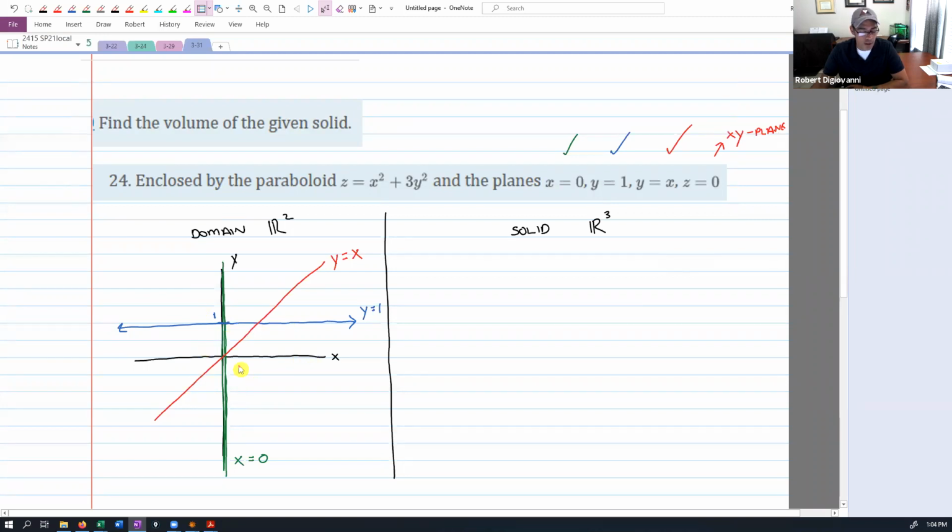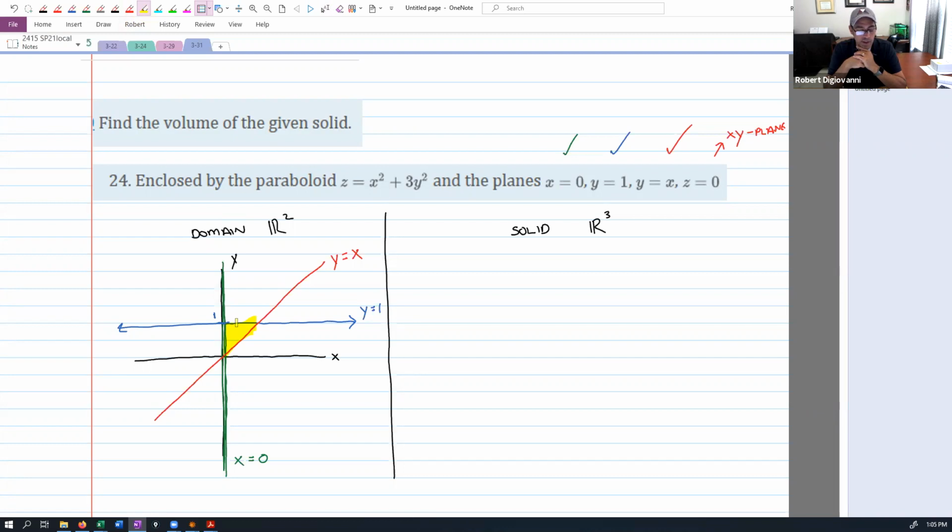So we're trying to find the solid that is enclosed by the blue plane that comes up out of the page, the red plane that comes straight up, the green one that comes straight up, and then the XY plane itself is actually one of the boundaries also. So do y'all see this region here as being our domain region? It is what is enclosed by all of those. Yes?